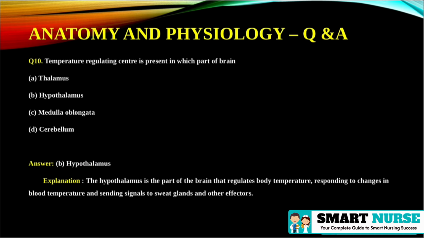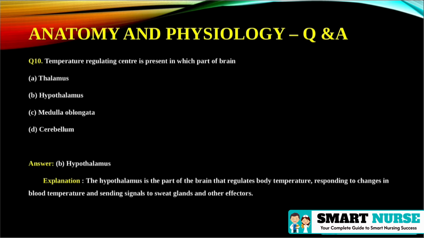The next question, temperature regulating center is present in which part of the brain? Option A thalamus, option B hypothalamus, option C medulla oblongata, option D cerebellum. Option A is thalamus, its main function is to act as the brain's relay station, sending motor signals to the cerebral cortex.